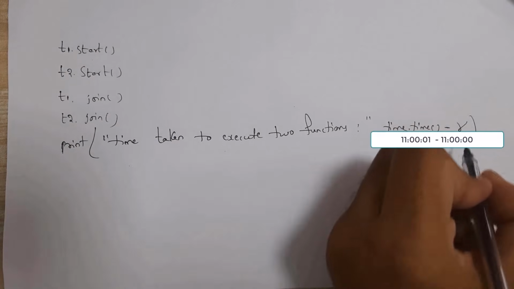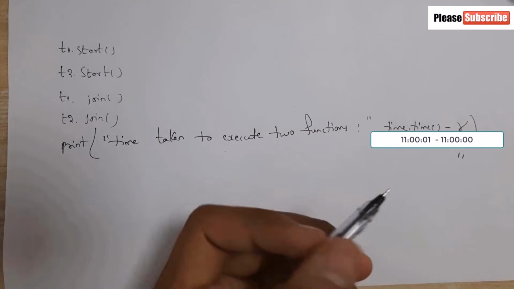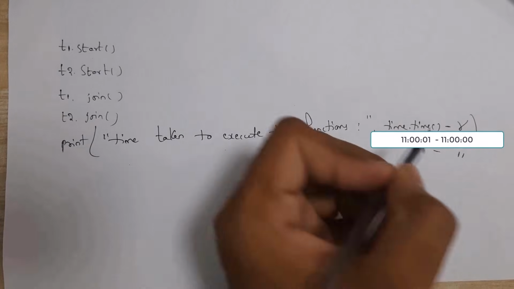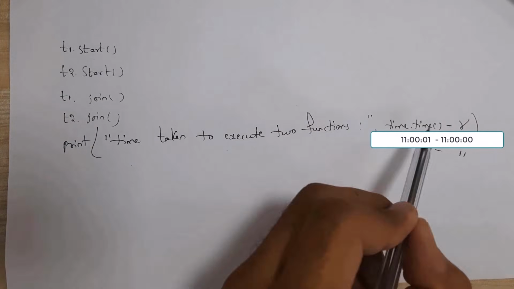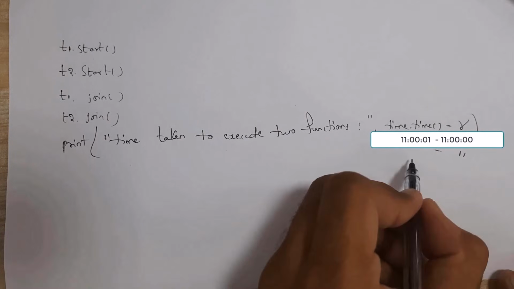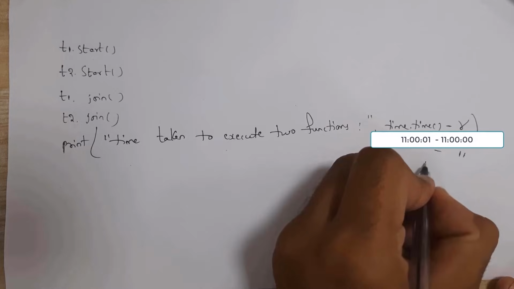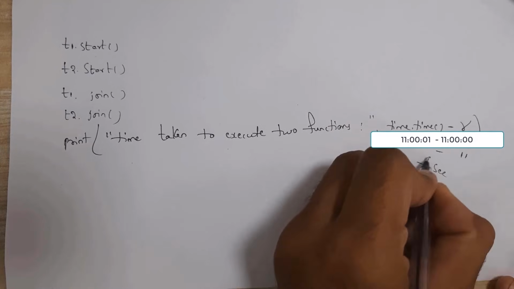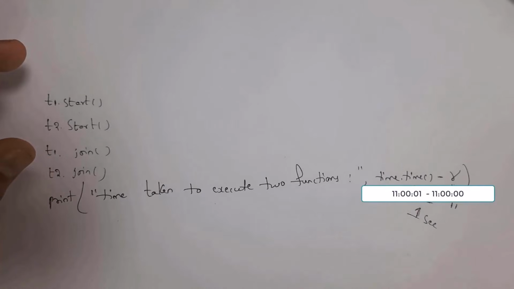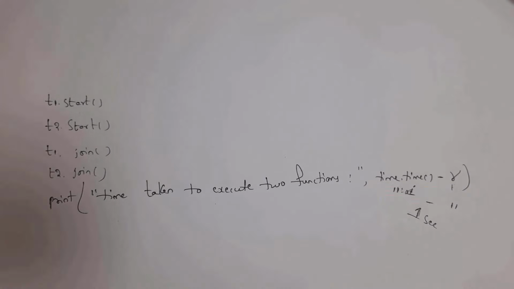So whenever you write here time dot time minus r, time taken is 11.1 second minus 11. So time taken is 1 second. Time taken to execute two functions by using threading module is 1 second.